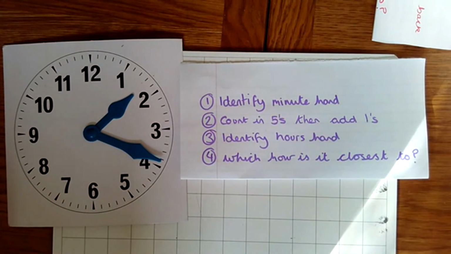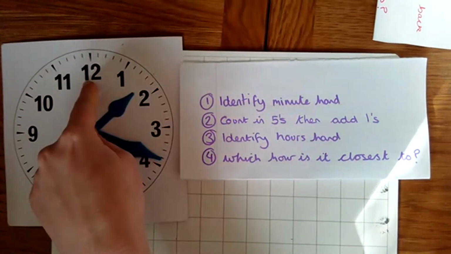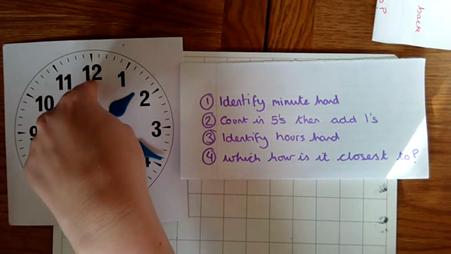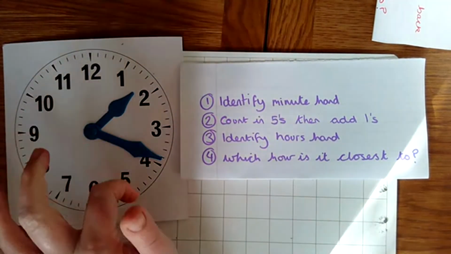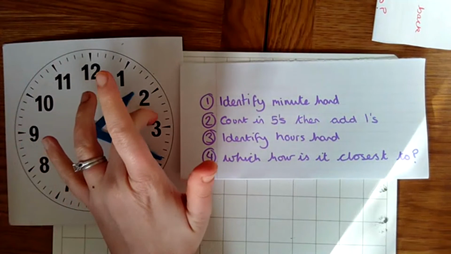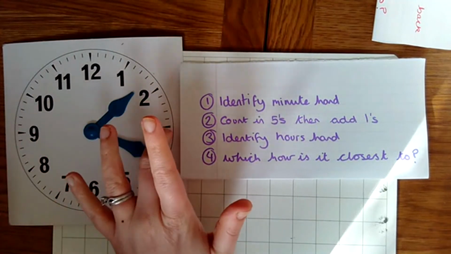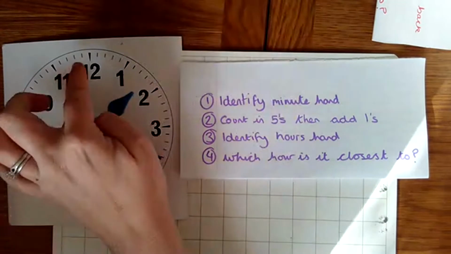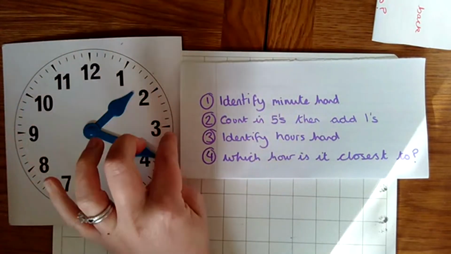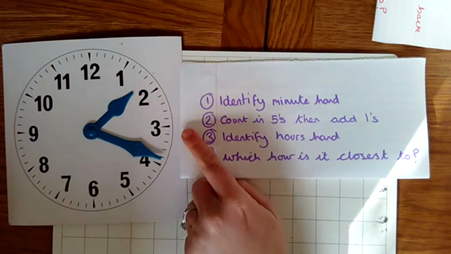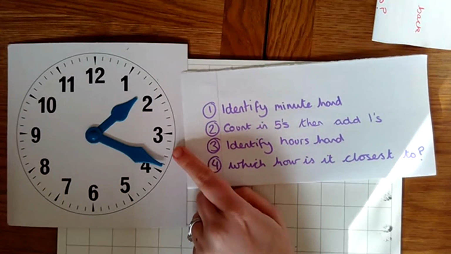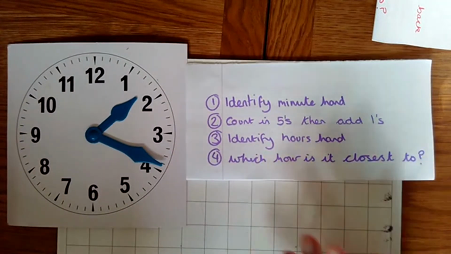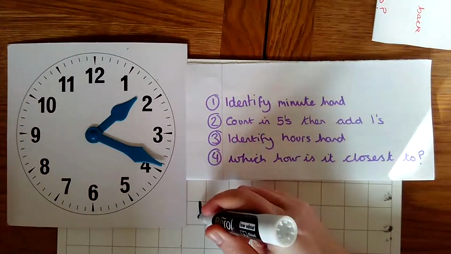So I'm now going to count in fives from 12 to the start of the hour. And then when I'm getting near to my minute hand, I'm going to switch to ones. Okay, 5, 10, 15, 16, 17, 18, 19. So it's 19 minutes past.